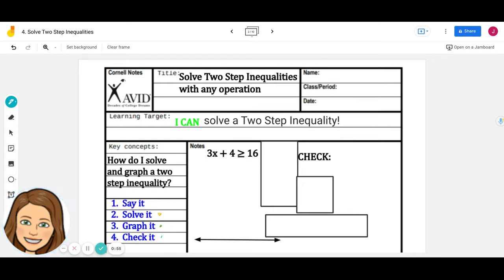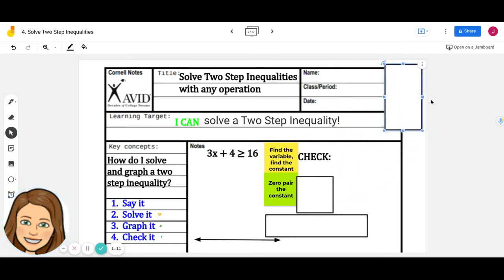All right, so to say this first one, 3 times x plus 4 is greater than or equal to 16. To solve a two-step inequality, it's the same as solving a two-step equation. So I've got my sticky notes. Please write this down. Find the variable, find the constant, and then zero pair that constant, right?